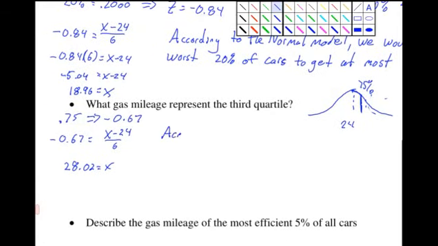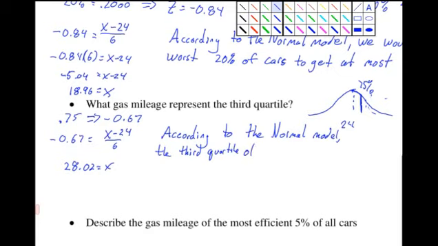So according to the normal model, the third quartile of the distribution of fuel economies is about 28.02 miles per gallon.